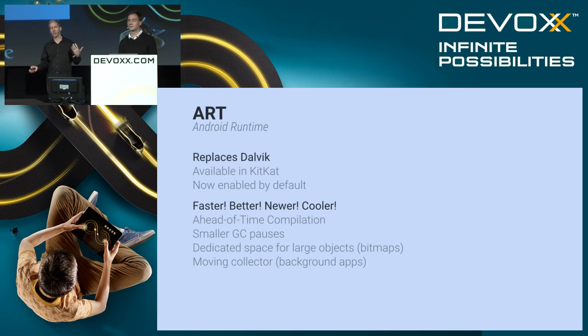Ahead-of-time compilation, so there are higher levels of optimization that we can enable. Smaller GC pauses, I think this is the one that I care most about. If you look at logs in KitKat or on any Dalvik implementation, and then compare those to what you're seeing in Lollipop, you're going to notice something pretty significant.